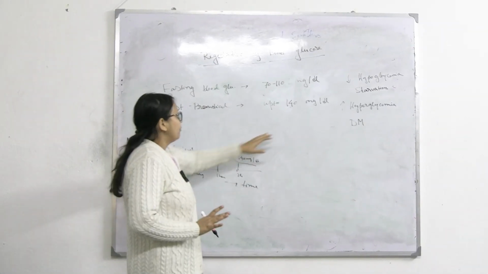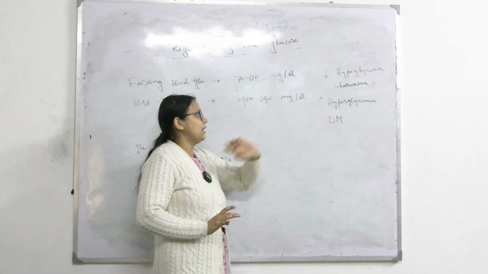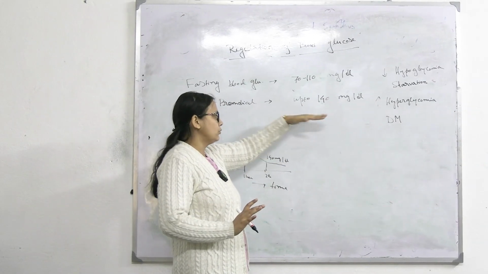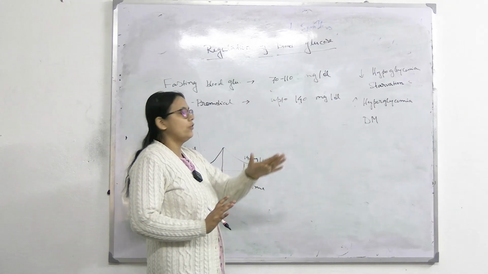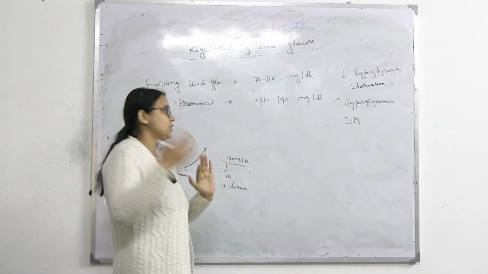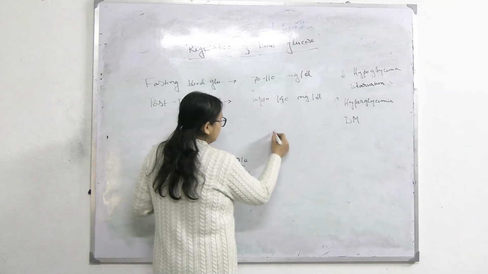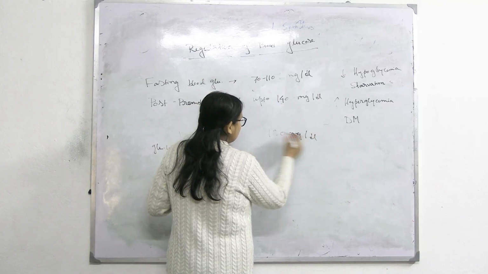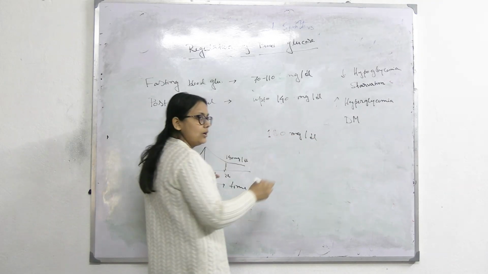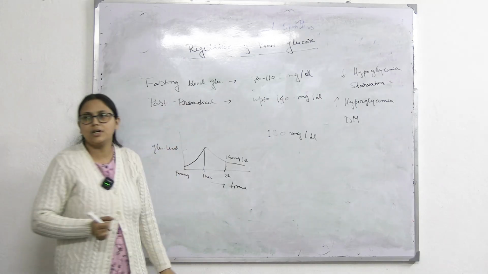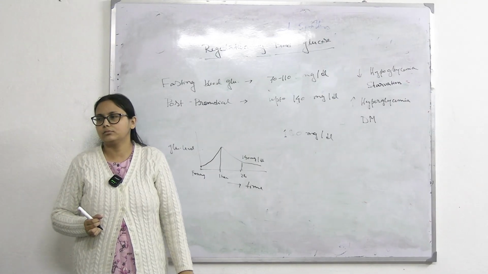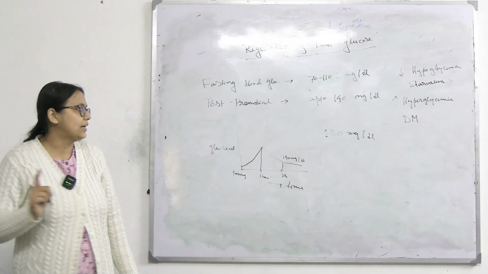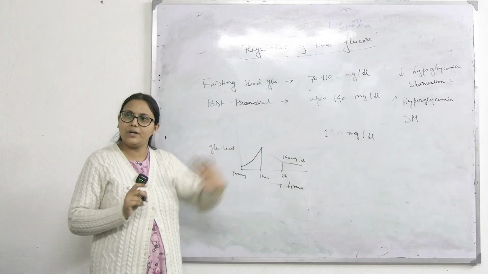Okay, and also hyperglycemia. If glucose level exceeds 140 and it crosses 180 milligram per dl, then what happens? Renal glycosuria. Okay, what is renal glycosuria? There is a renal threshold for glucose and the value is 180 milligram per dl.